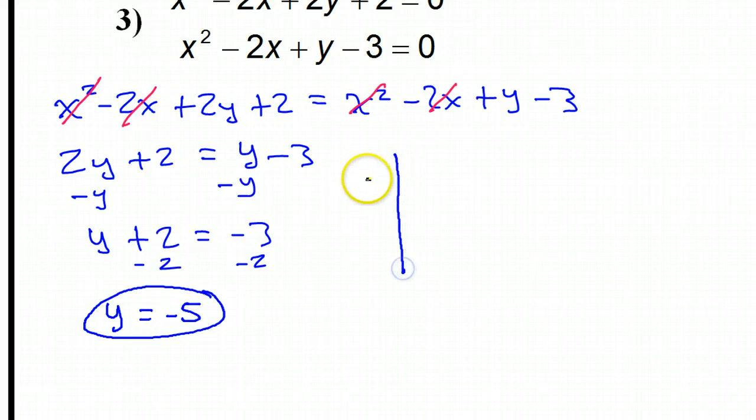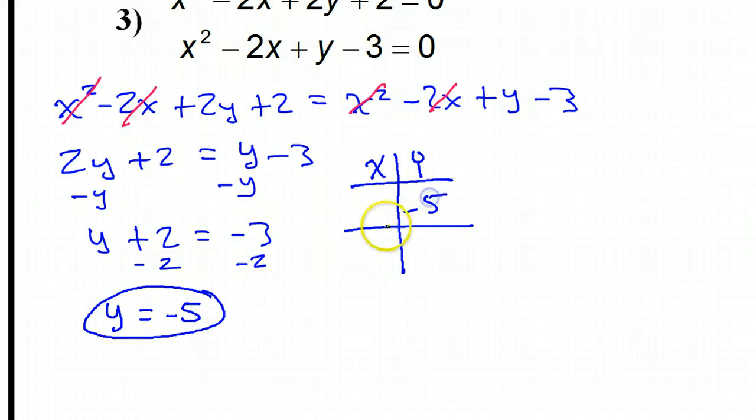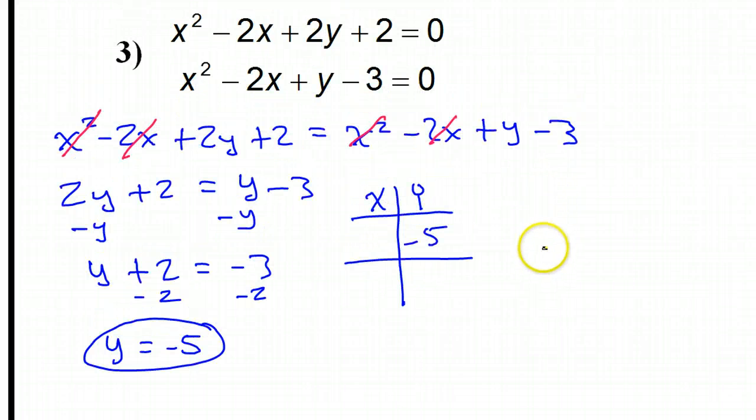So we make our short table of values, x and y. We only have the one y value, negative 5, so we need to use this to find the x value. What we need to do is take this y value and plug it into one of these two equations. It doesn't really matter which. I'm going to use the bottom equation.